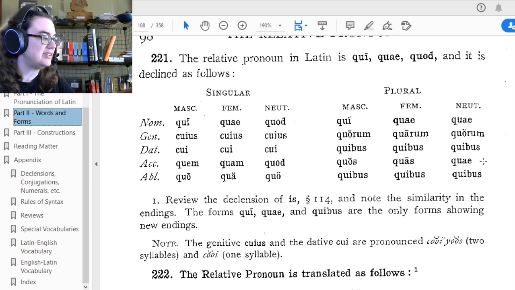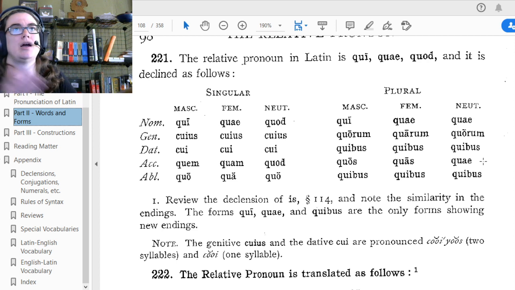Quo vadis, indeed, whither to? The feminine singular in both is also the same, quae, quae. I'm not 100% sure why it's not qua or quas. Yeah, I'm not sure. But it's not.